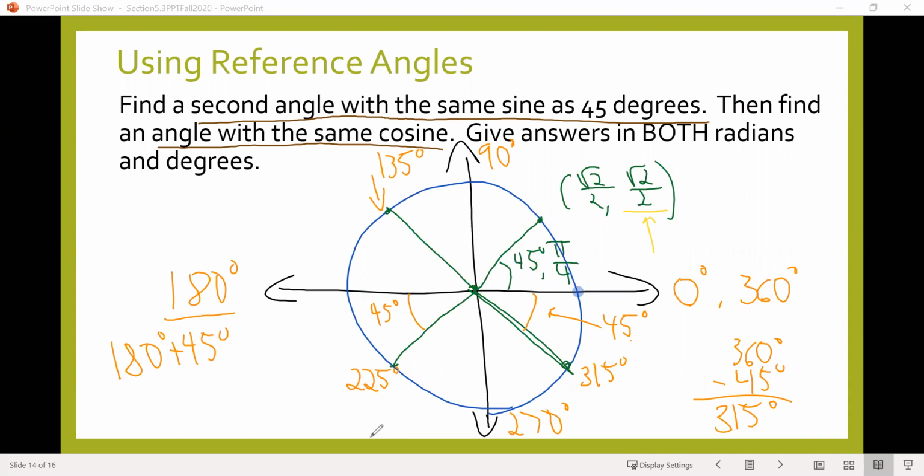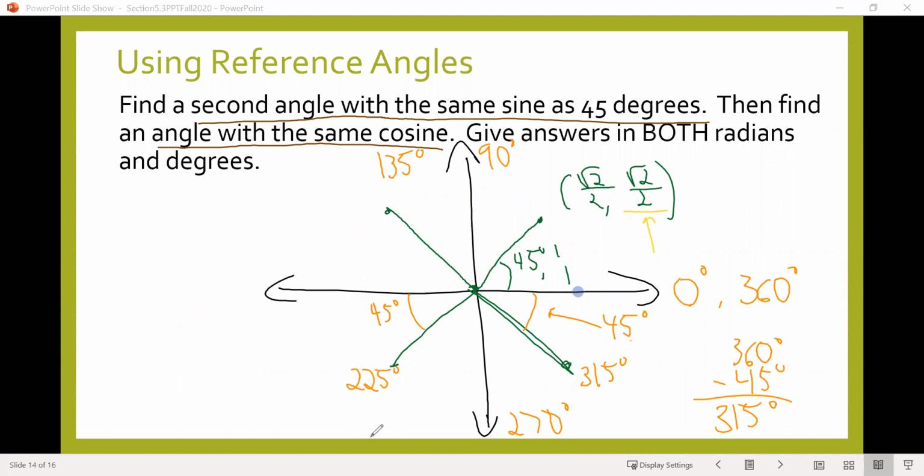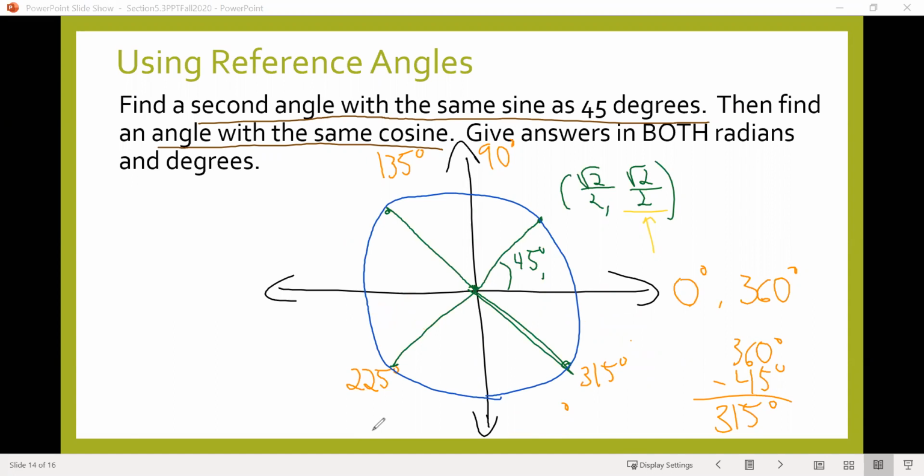All right, so now we've got 4 angles in this picture who all have a reference angle of 45 degrees. What I want to do now is add in the sines and cosines for those. And recall that for all of these angles that have a reference angle of 45 degrees, their sines and cosines will be the same as what they are with 45 degrees, except the signs might be different, right?